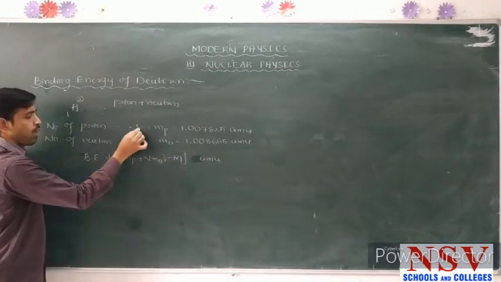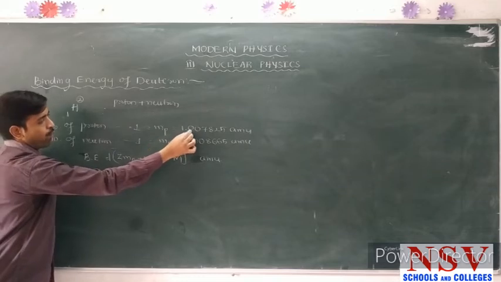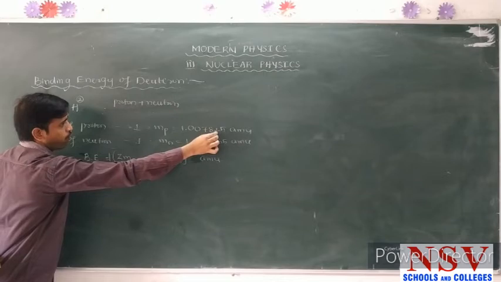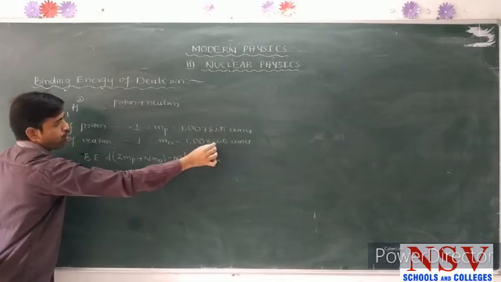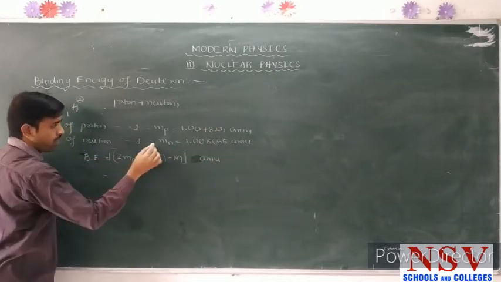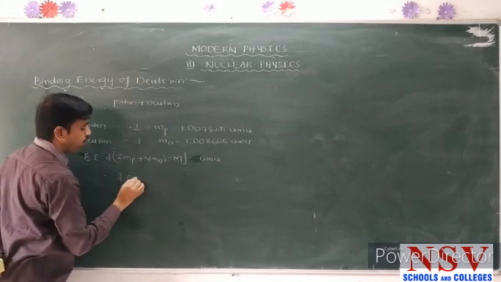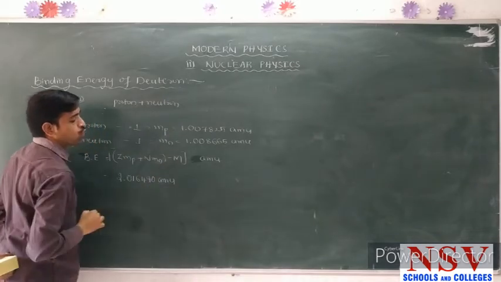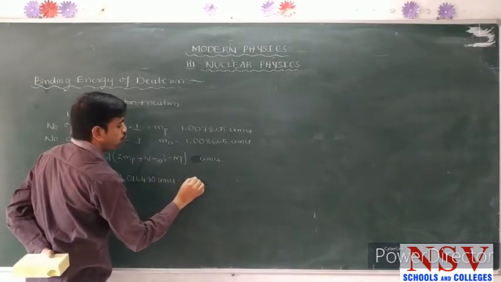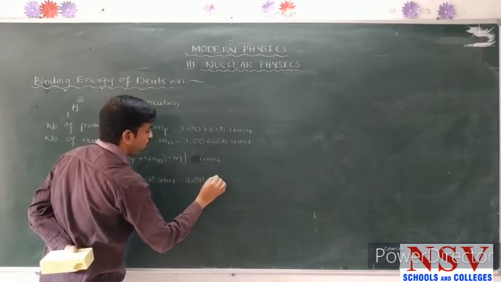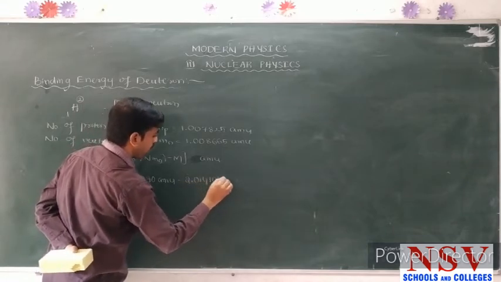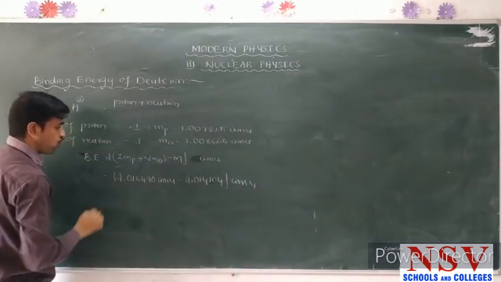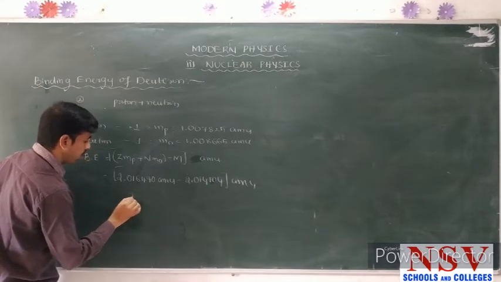Number of protons is 1 and number of neutrons is 1, so I add 1.007825 and 1.008665. The sum is approximately 2.016490 AMU. Now the actual mass of the nucleus is 2.014104 AMU.